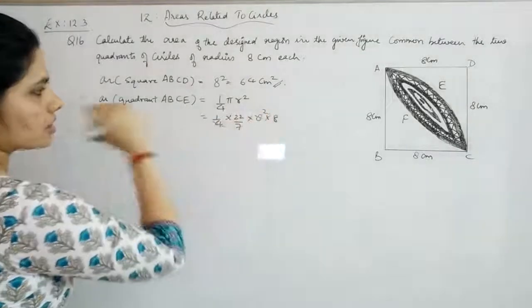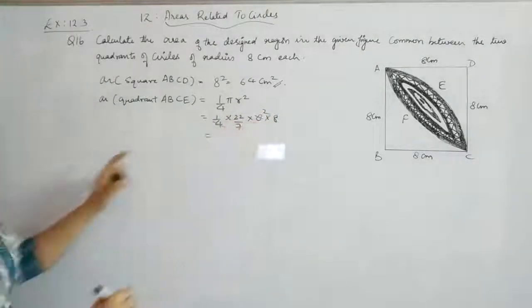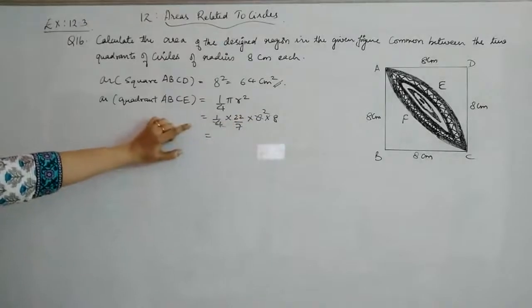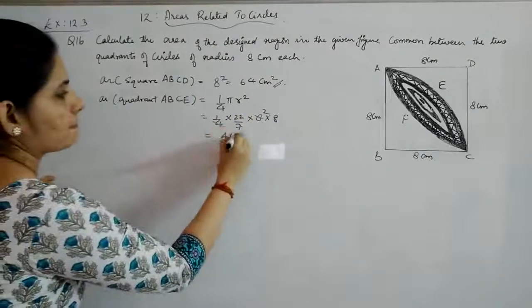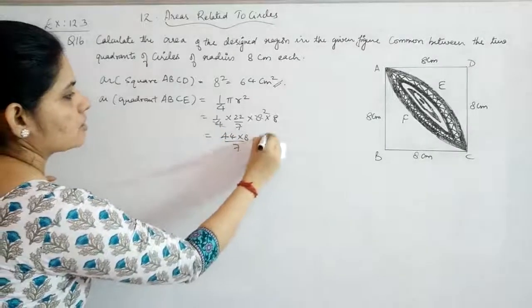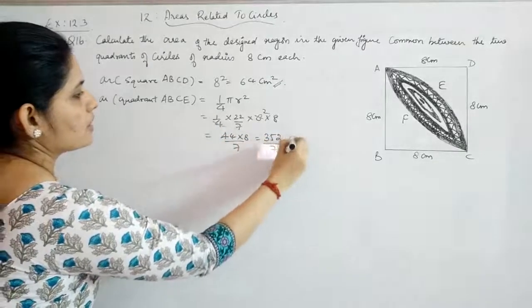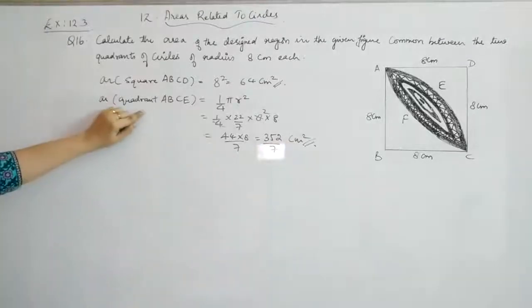So here you are getting how much? 22 into 2, that is 44 into 8, you will get 352 by 7 centimeter squares as the area of one of the quadrants.